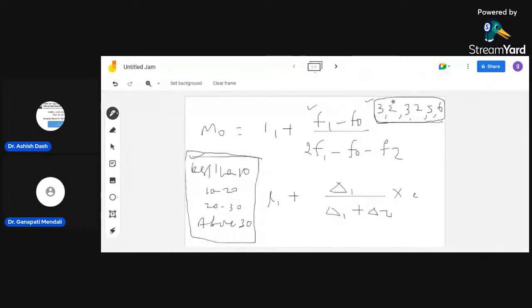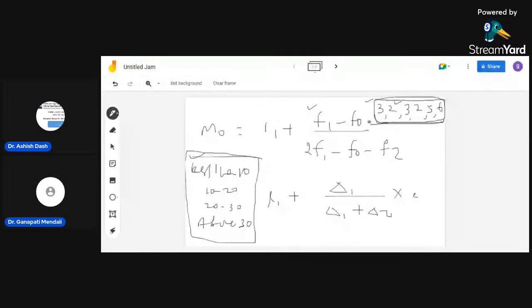So we cannot say the mode is 2, and we cannot say the mode is 3. That type of class we can say is a bimodal class. The value of the mode is 2 also, 3 also, because the frequencies are equal. So the value of the mode we cannot always determine, and it is not based on each and every item of the series.